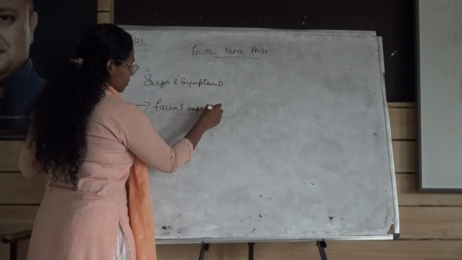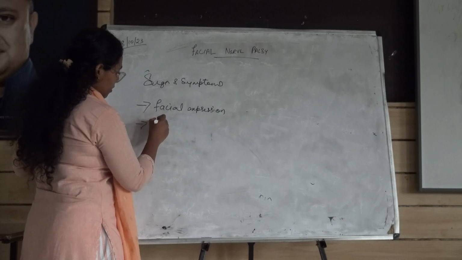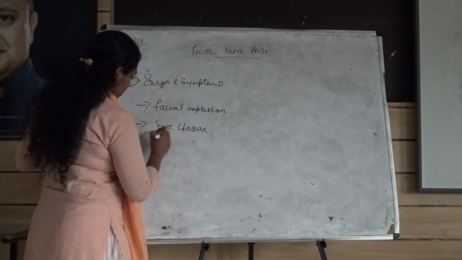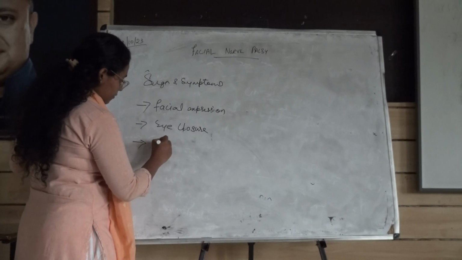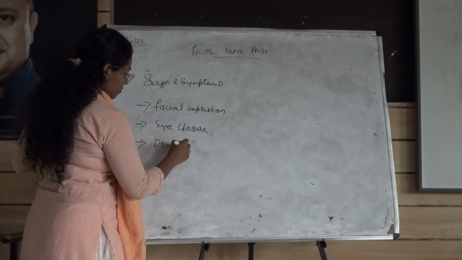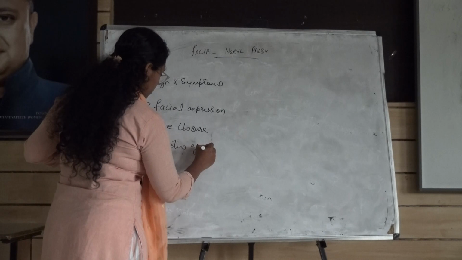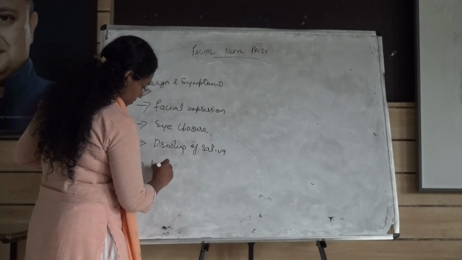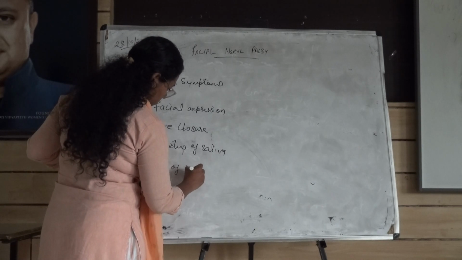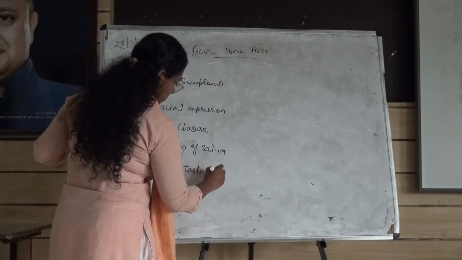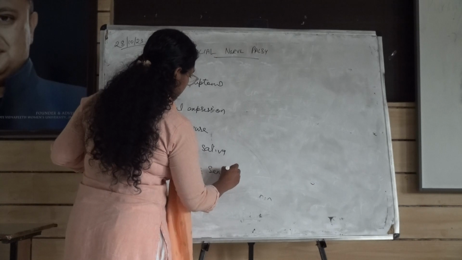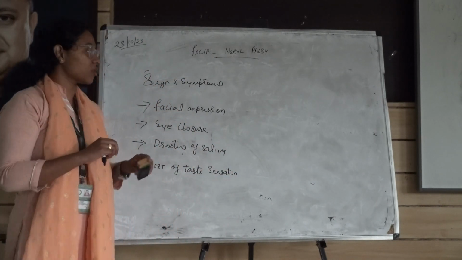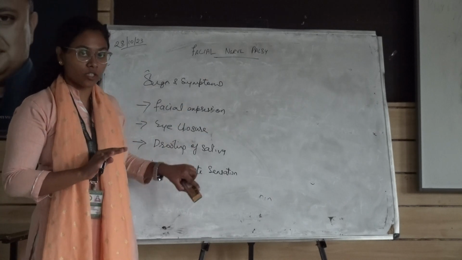Facial expression, eye closure, drooling of saliva, loss of taste sensation, and muscles of mastication: these all are affected here in facial nerve palsies.